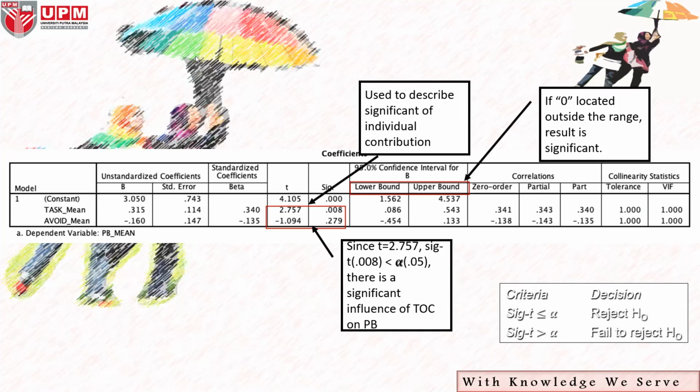But if 0 is located inside the range, the result is considered not significant. So the findings are consistent with the significant T: only task-oriented coping has a significant influence towards philanthropic behavior.